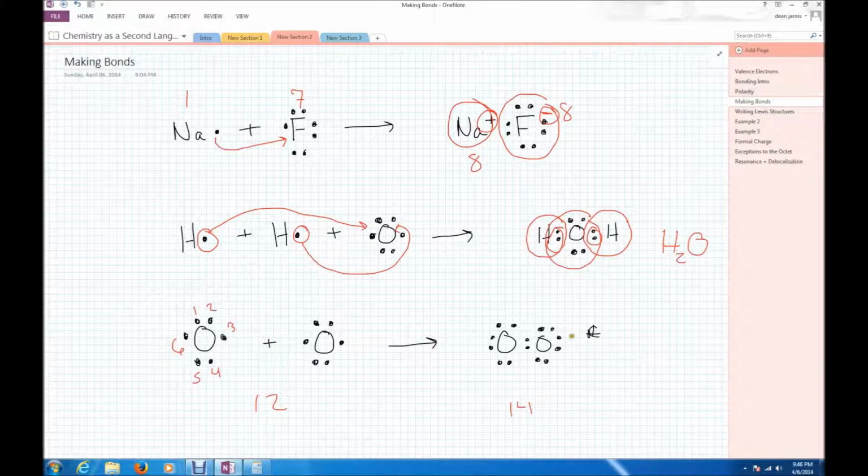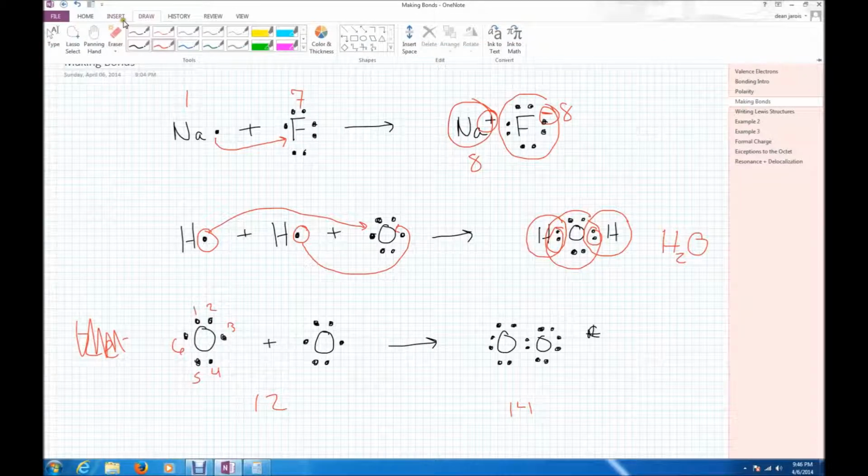That's 14 electrons on this side. Well, it doesn't show anywhere that electrons were added because they weren't. This is actually a mistake, and I'll show you how we can correct that.